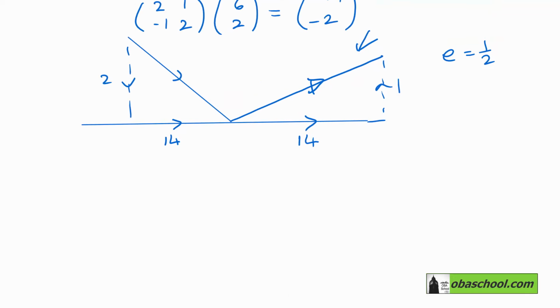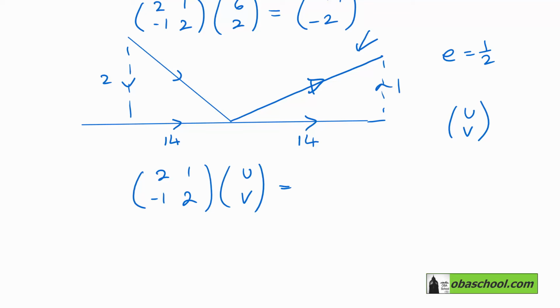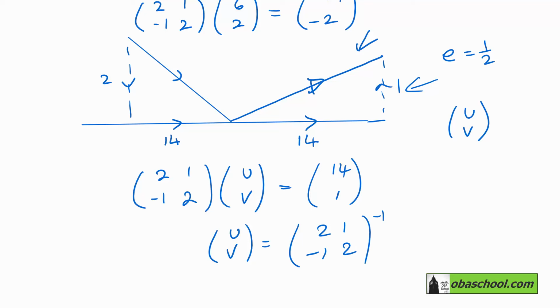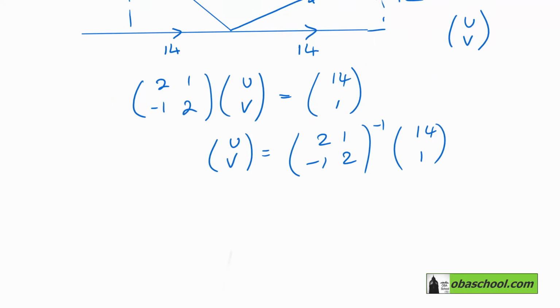So let's call the vector we want u, v. 2, 1, negative 1, 2 times the vector we want is 14, 1, which is our rotated version of that vector. And therefore u, v is going to be 2, 1, negative 1, 2 inverse times 14, 1.